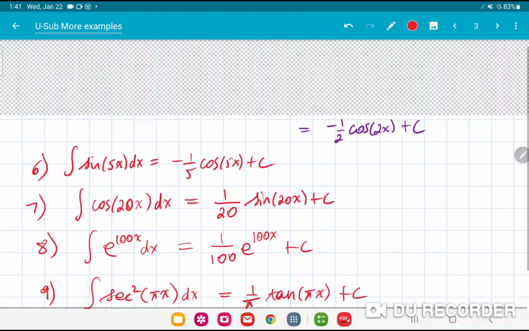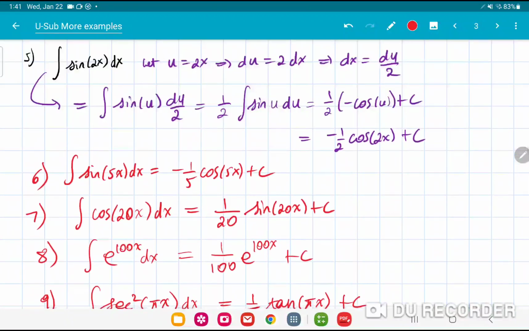So the purpose of this example is just to show you more like a formula, a shortcut to the integral of a constant multiple of x. If it's something else multiple of x, it does not work. But if it's a constant multiple of x, then 1 over the constant sits out in front, and then that constant multiple of x follows.